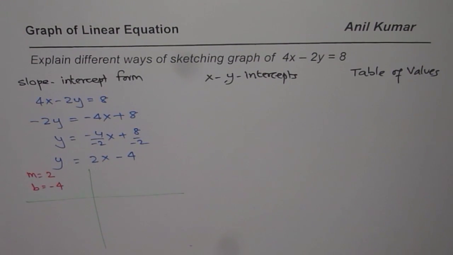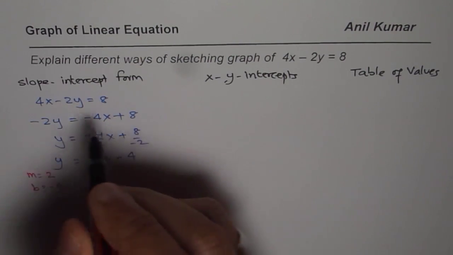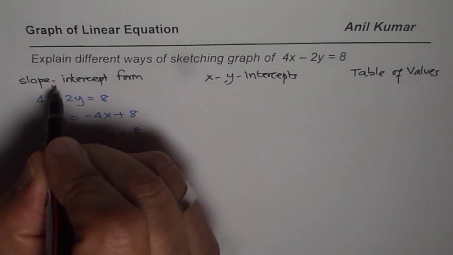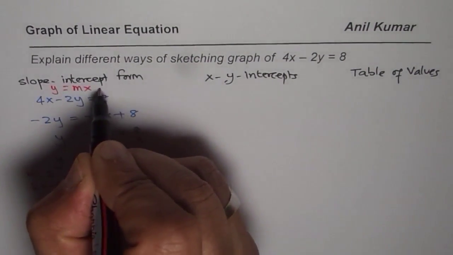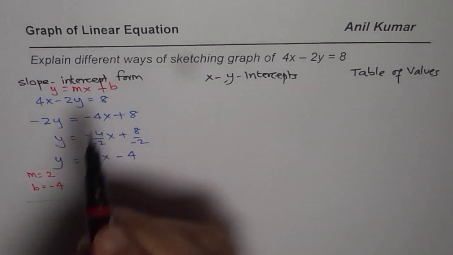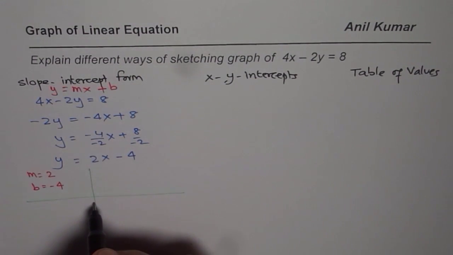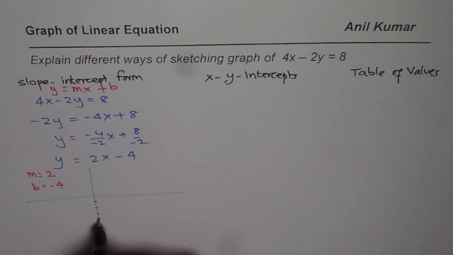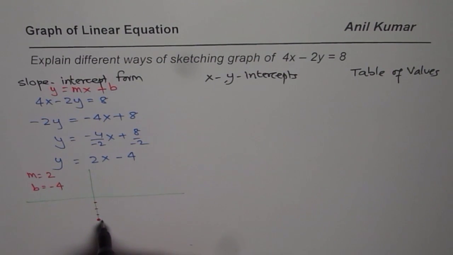Slope-intercept form is y equals mx plus b, where m is the slope and b is the y-intercept. When we say y-intercept, it means the point on the y-axis. So let's say 1, 2, 3, 4. That is minus 4 for us, so this is minus 4, the y-intercept.